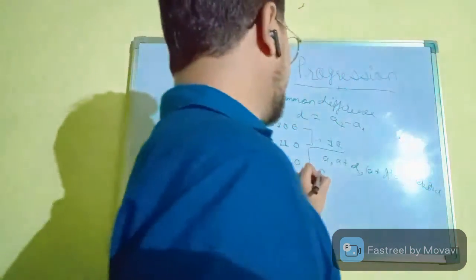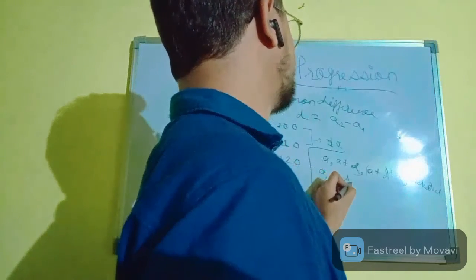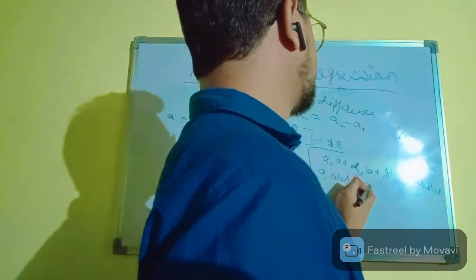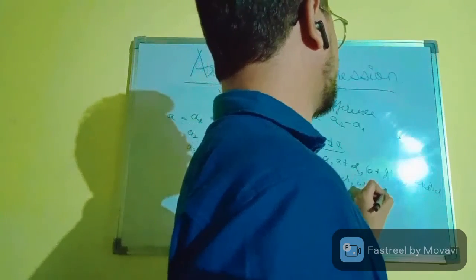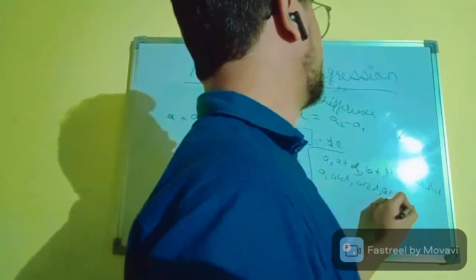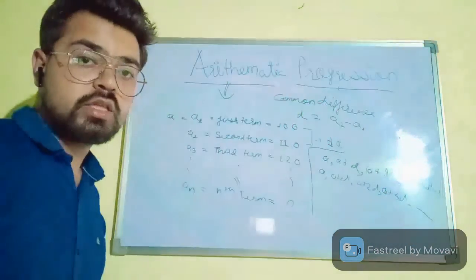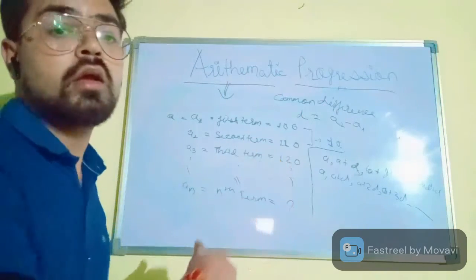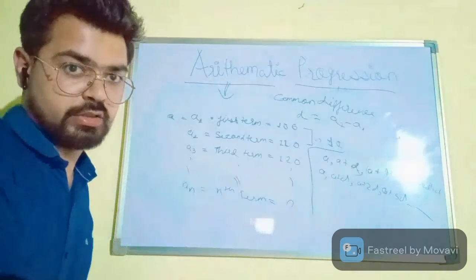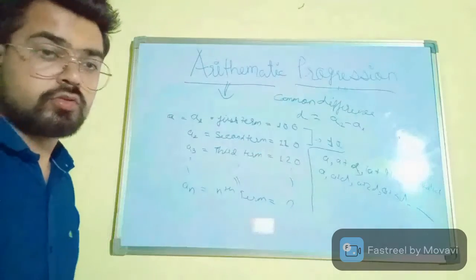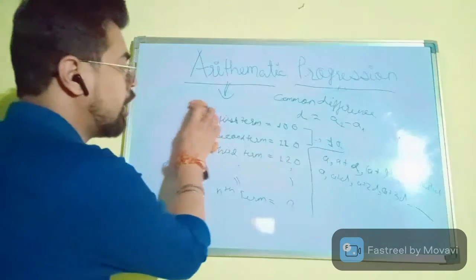So this will become A, A plus D, A plus 2D, A plus 3D, and so on. So this is known as arithmetic progression.